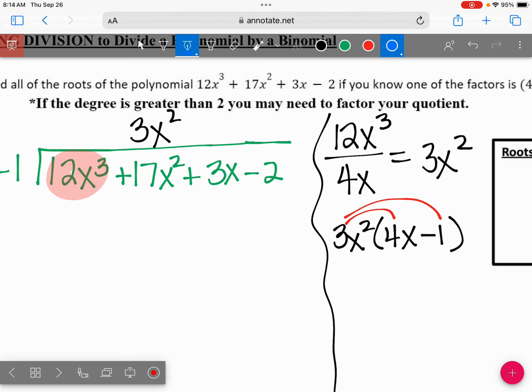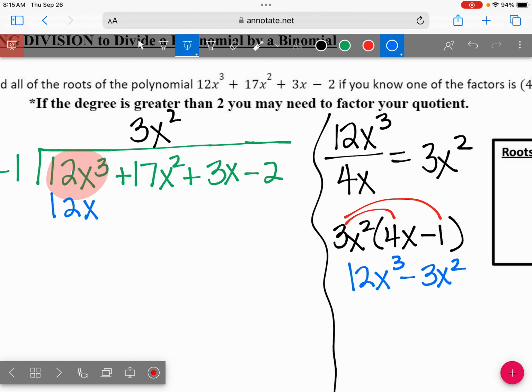So 3x squared times 4x is 12x cubed. 3x squared times negative 1 is negative 3x squared. Then you're going to line it up.